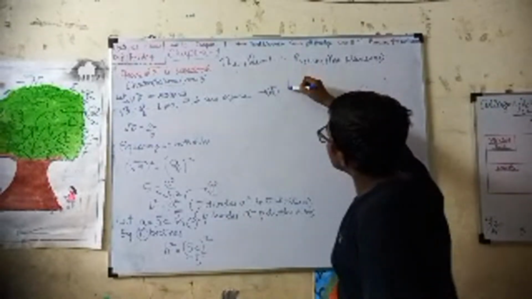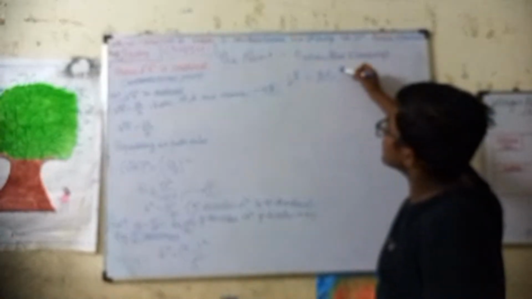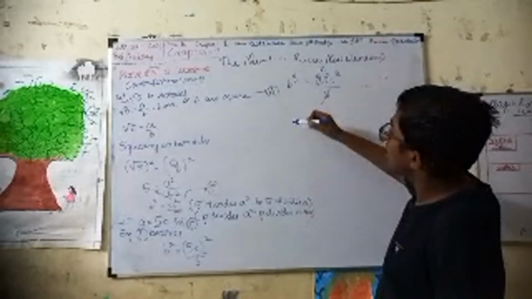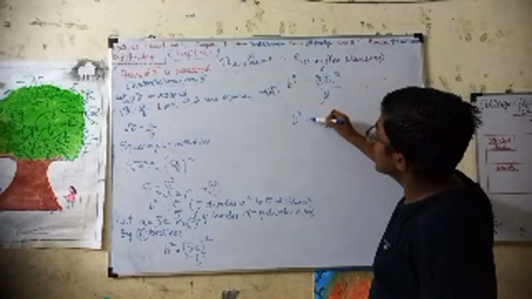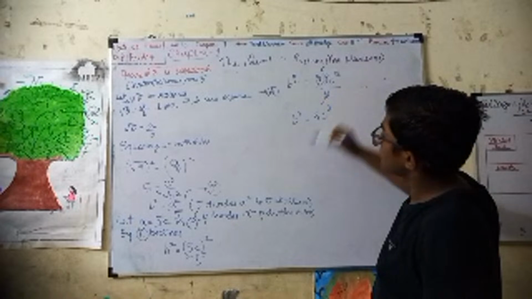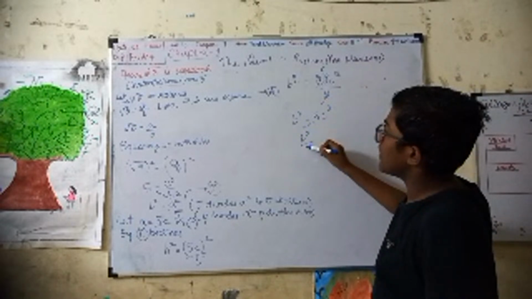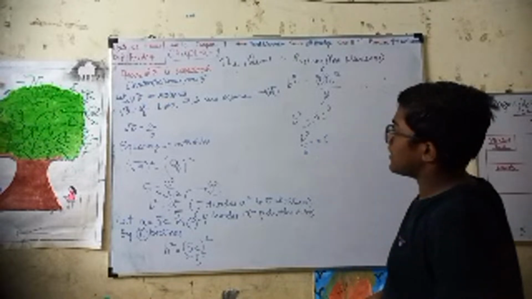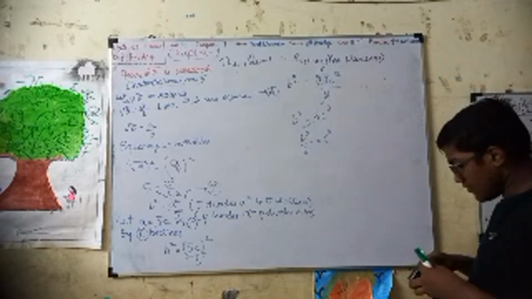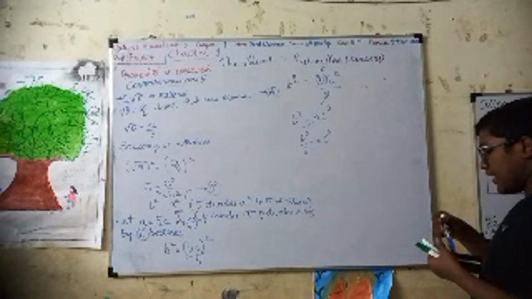Now see, b square equals 25c square by 5. So b square equals 5c square. So b square by 5 equals c square. So what does this mean?